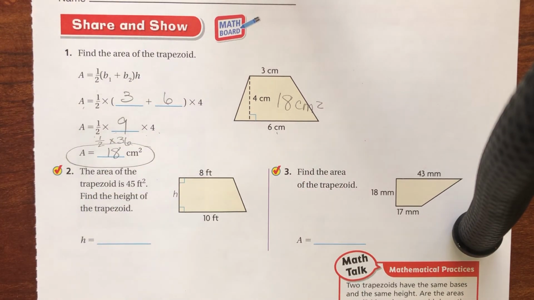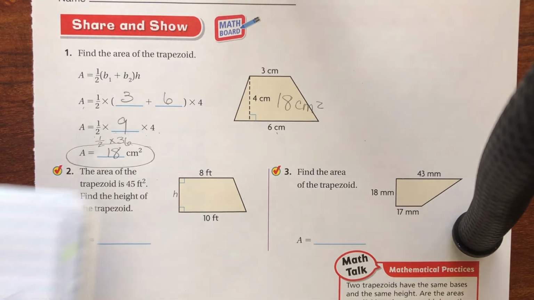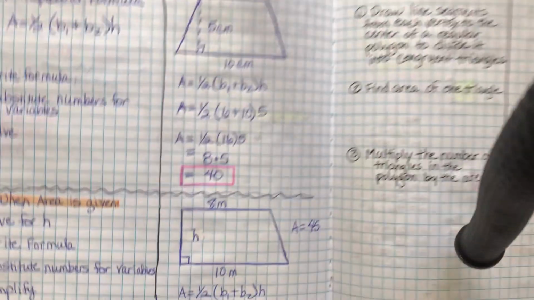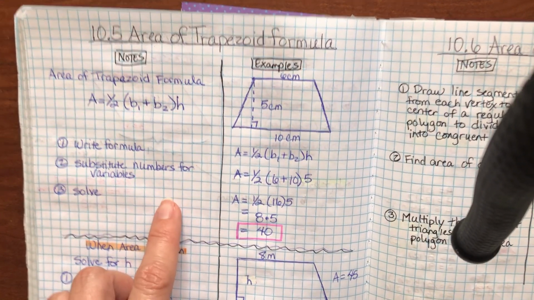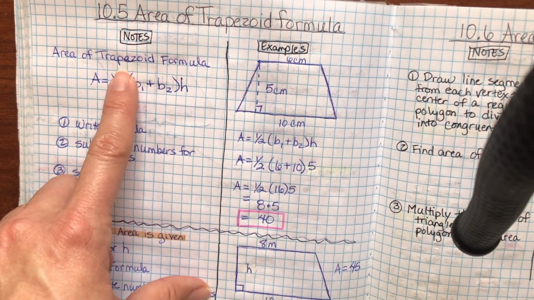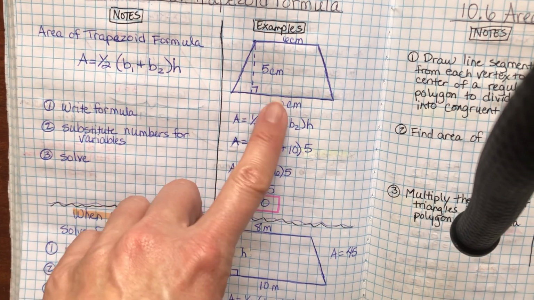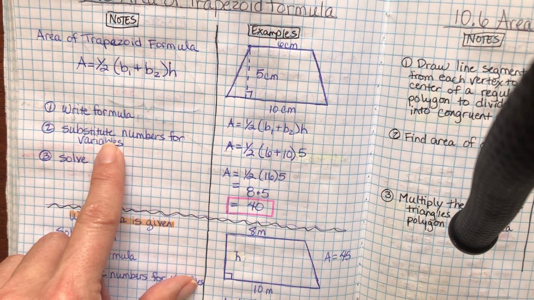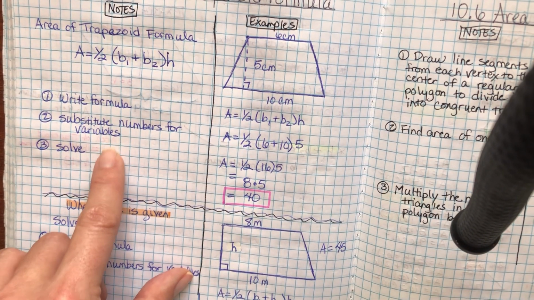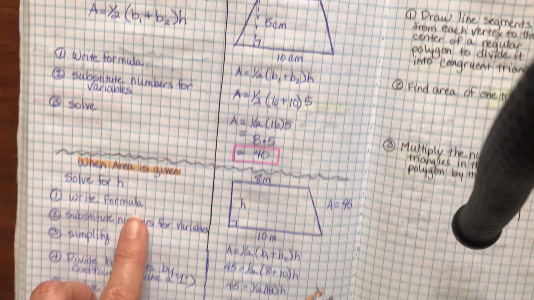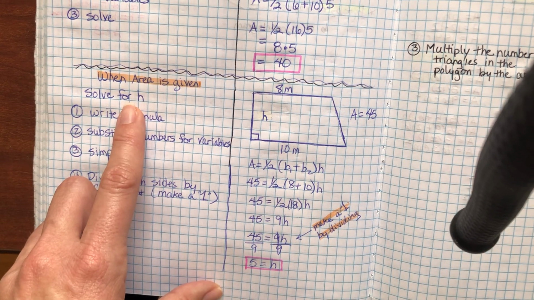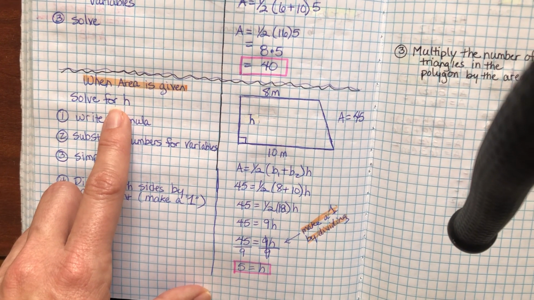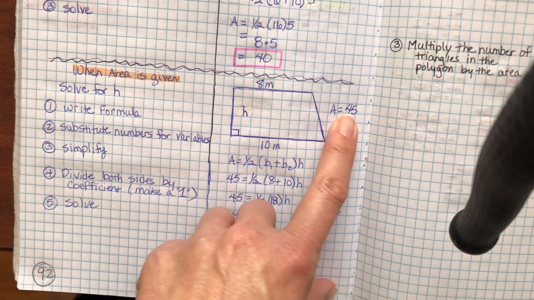All right, let's take a look at 10.5 notes. And we have, okay, area of a trapezoid formula. And some examples, you write the formula, substitute the numbers for the variables, and solve. When the area is given, solving for the h, and the area is 45.